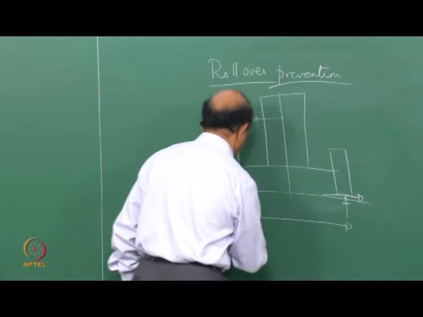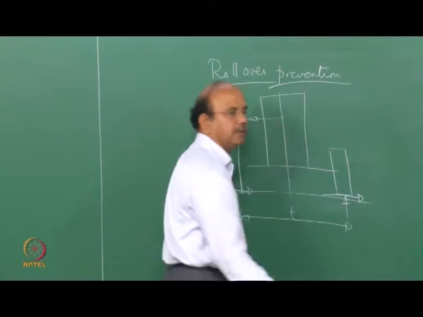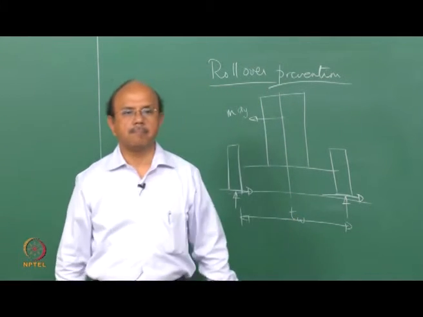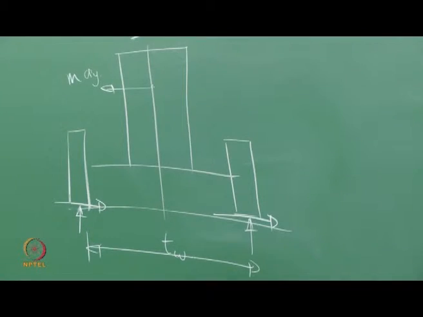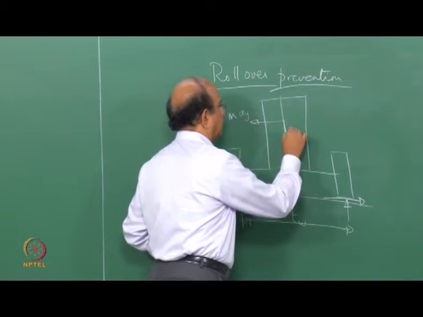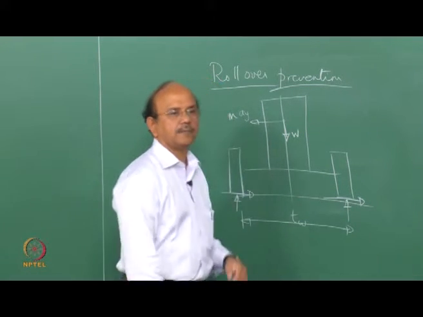Let's say that is the track width, which I would call TW, and of course the weight W acts there.